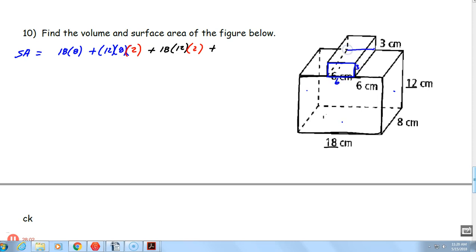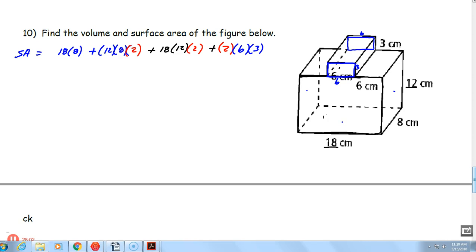But then there's one more on the back side that's also 6 by 3. So I'm going to have 2 6 by 3s. It's getting to be a lot here. Now, what do we have left? We've got the whole front taken care of, the whole back, the right, the left, the bottom.